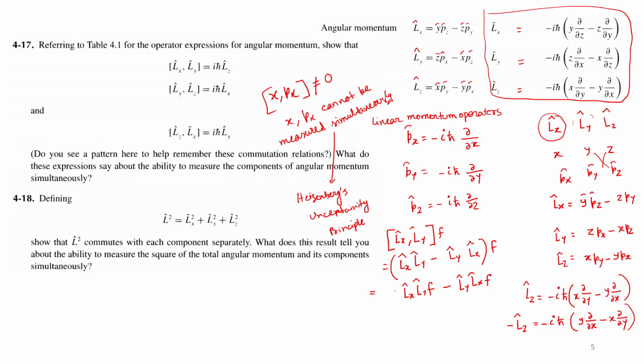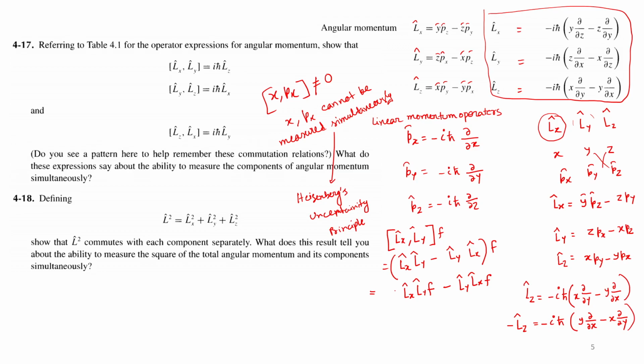So this is a very important statement, that the angular momentum along x, y, z directions cannot be measured simultaneously. Okay, but the next question is that L square is defined by Lx square plus Ly square plus Lz square. We have to show that L square commutes with each of the components separately.